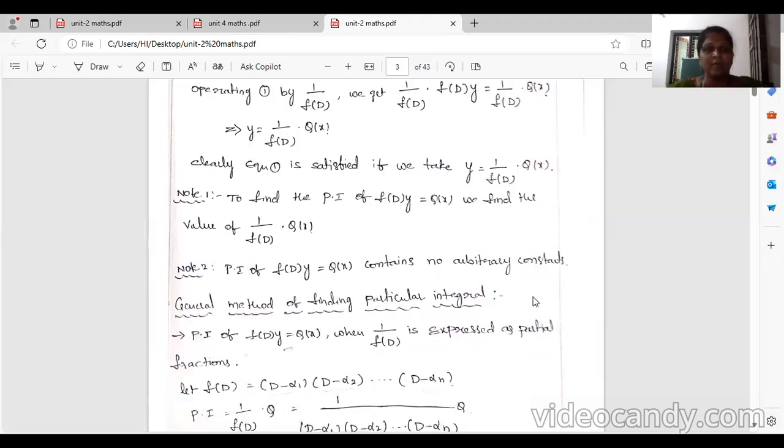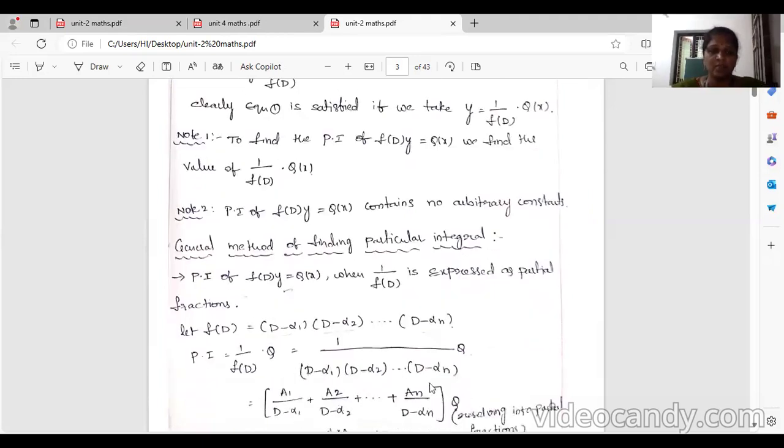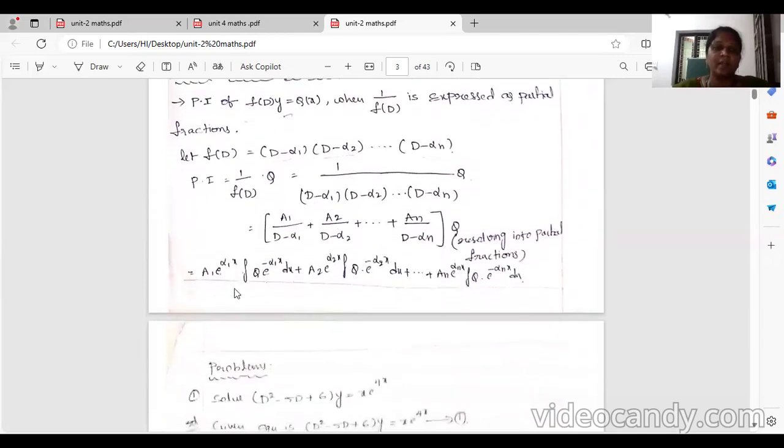To find the particular integral of f(D) y = Q(x), there are many methods. First one, the general method of finding the particular integral, when 1/f(D) is expressed as partial fractions. So in the denominator, f(D) is expressed as partial fractions. Let f(D) = (D - alpha1)(D - alpha2) and so on (D - alpha n).